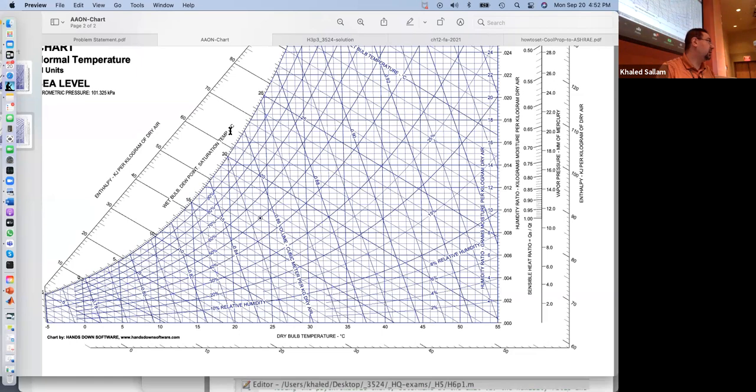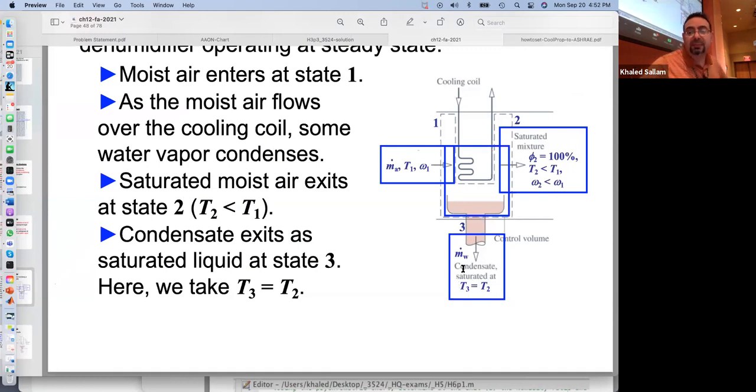Remember that. There is a free quiz coming at the end of the class related to this. So the water that's falling is probably, a very good assumption is, that it has the same temperature as the air leaving, right? Is there any chance it will have anything else?